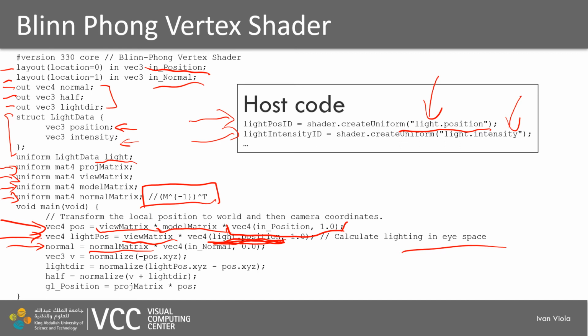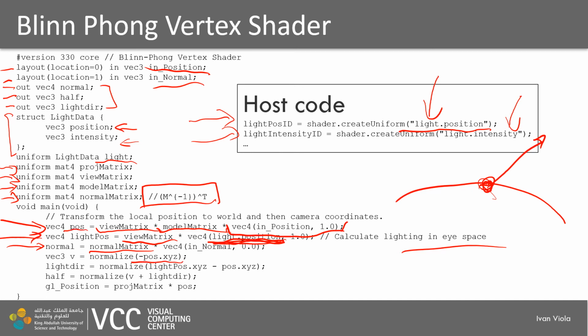Now, for our Blinn-Phong, we need the following information. If we have our surface, we would need at a certain position the viewing direction. So that would be the direction, which is the minus pos. So we are in the camera space.